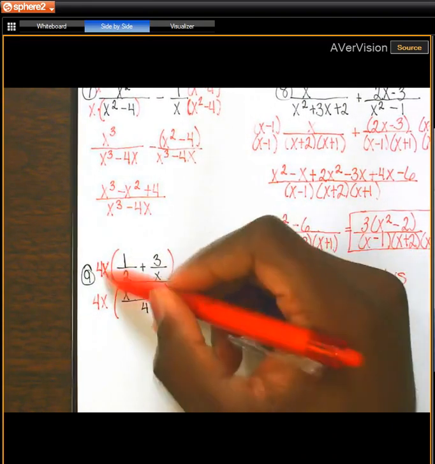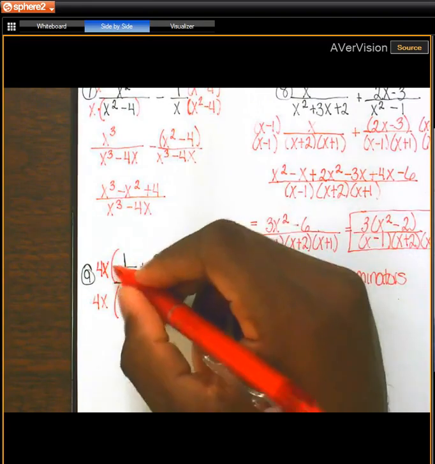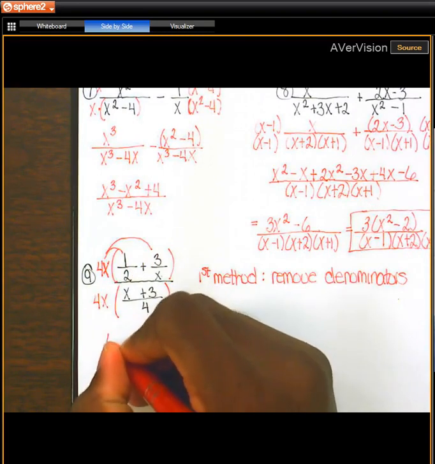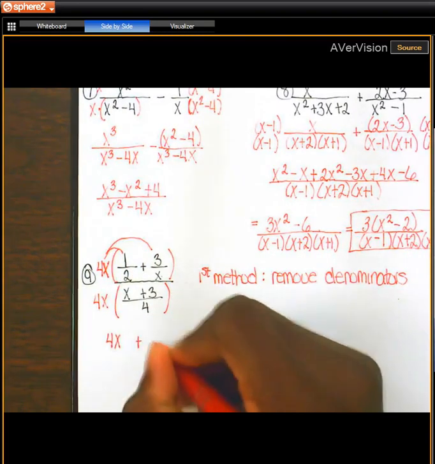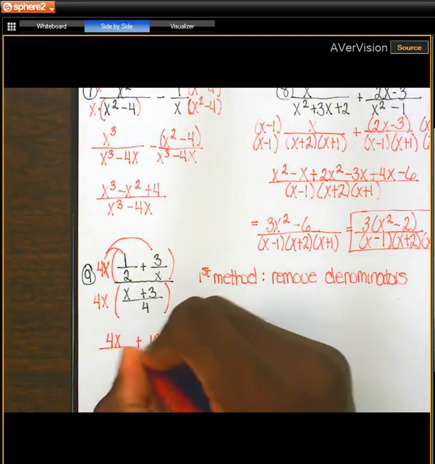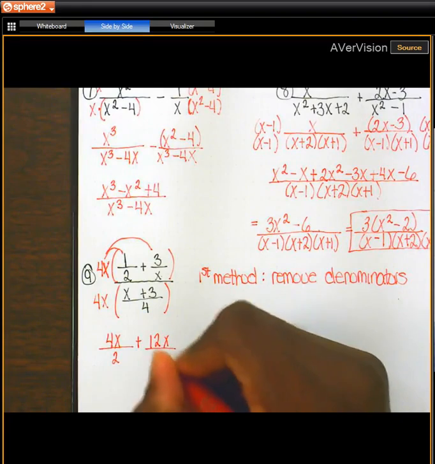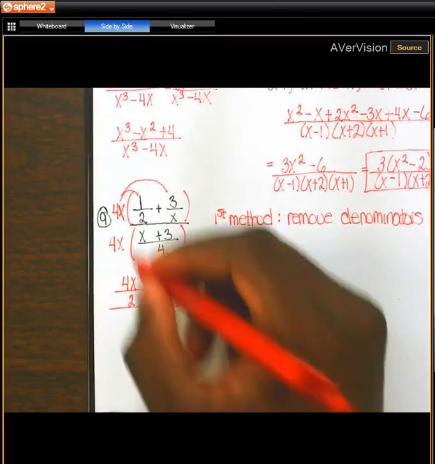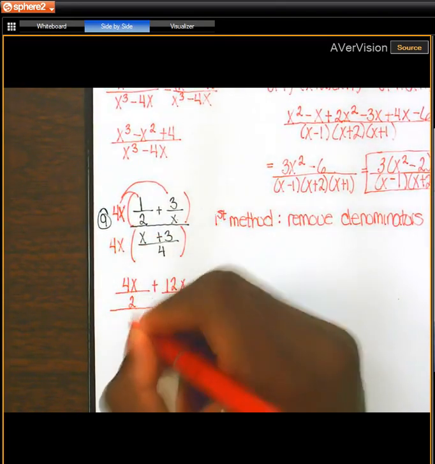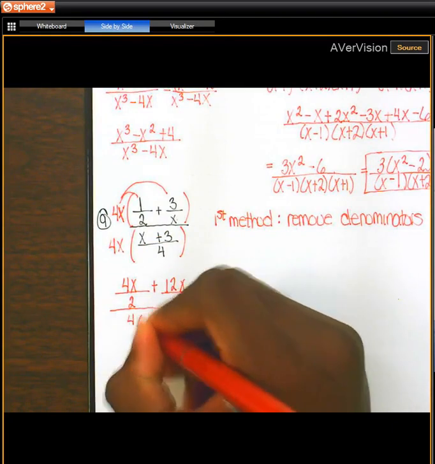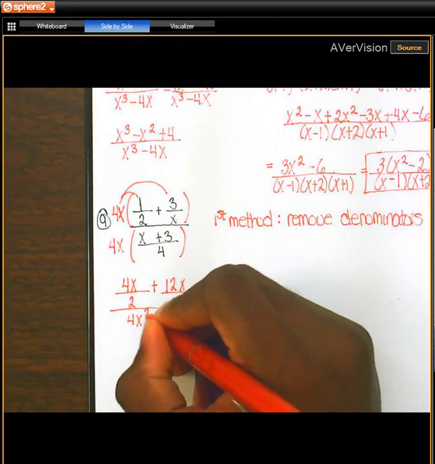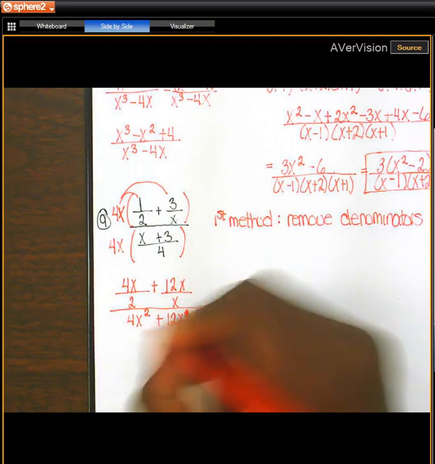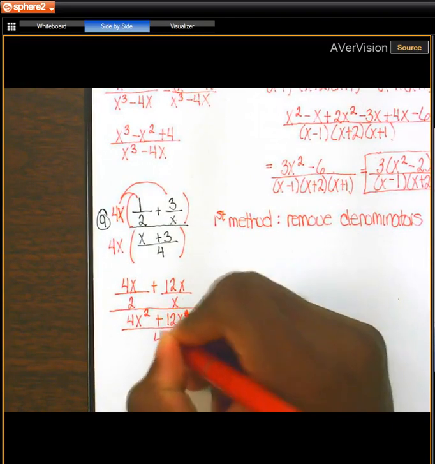So if we multiply top and bottom by 4x, and we distribute it to both of these, and we do the same thing, we distribute it here. I'll explain it in a little bit.